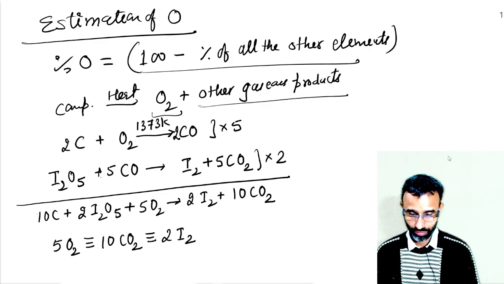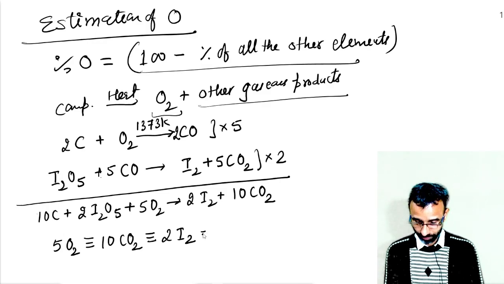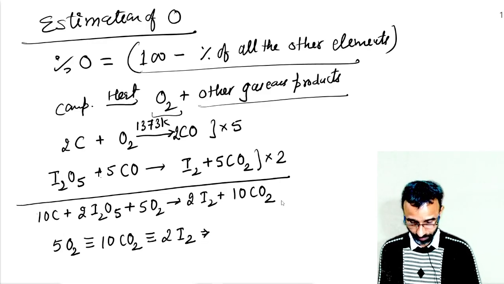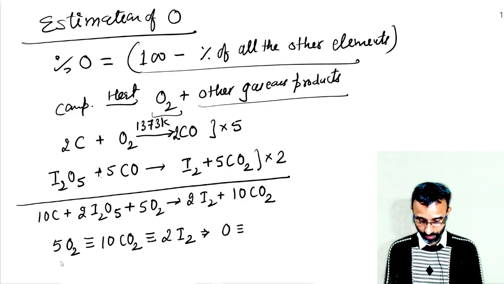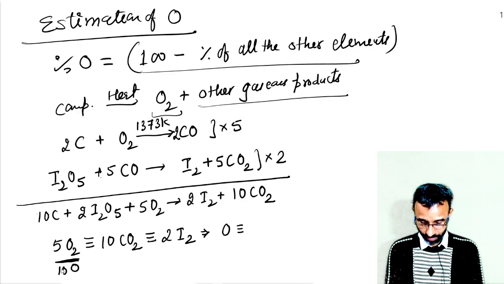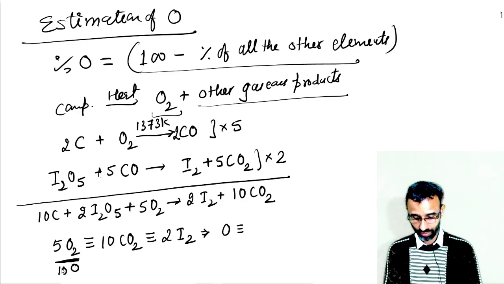or we can say one oxygen, if there is only one oxygen. You see, there are 10 oxygens actually. 5 O2 means 10 oxygen.